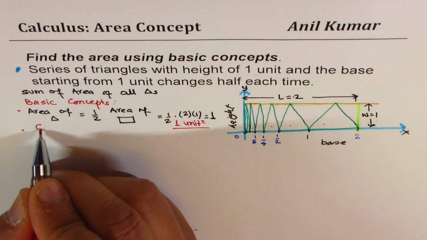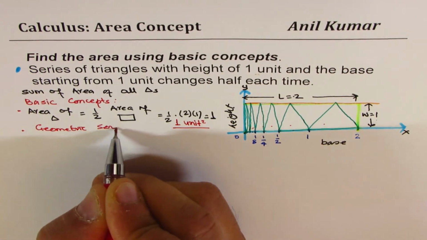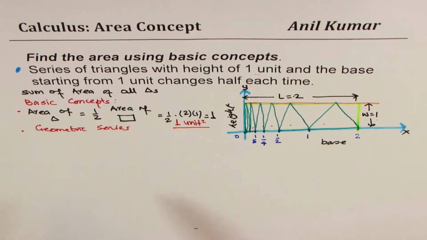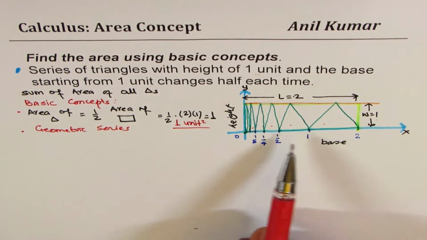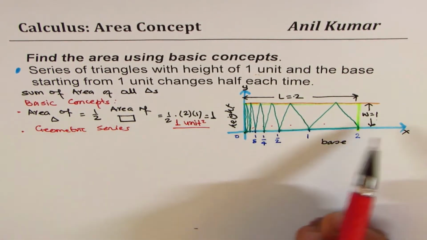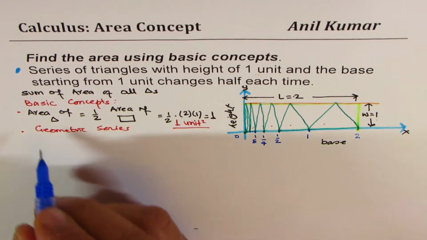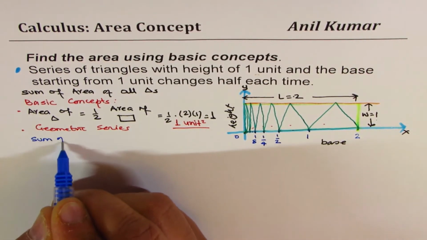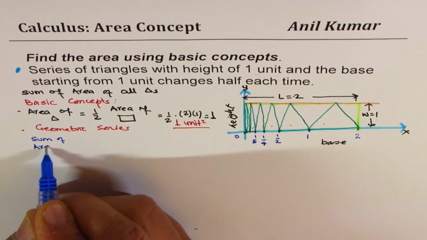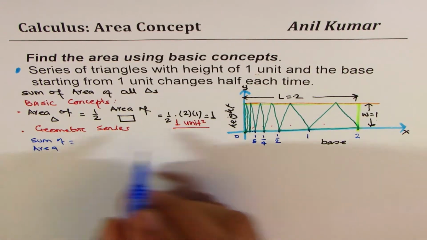We learned about geometric series, right? So what we do here is use the concepts of geometric series to find the area. So what do we notice? We notice that the sum of area of all these triangles is equal to how much?